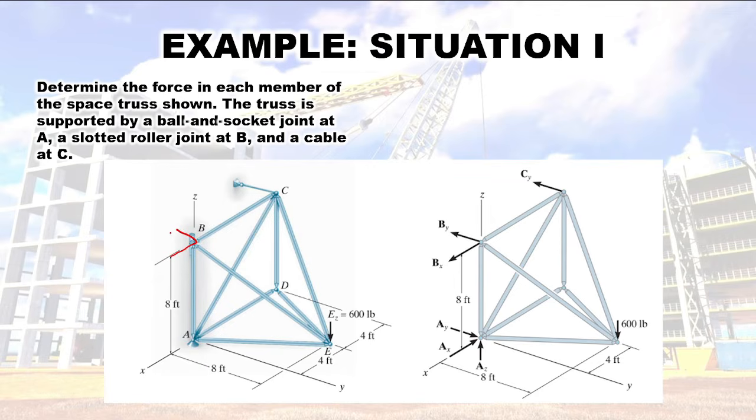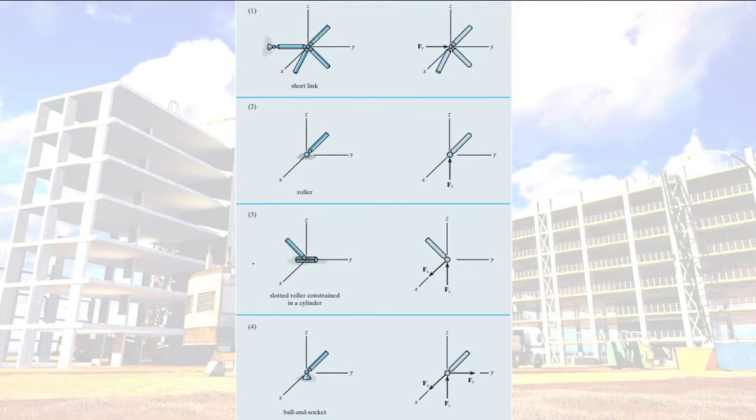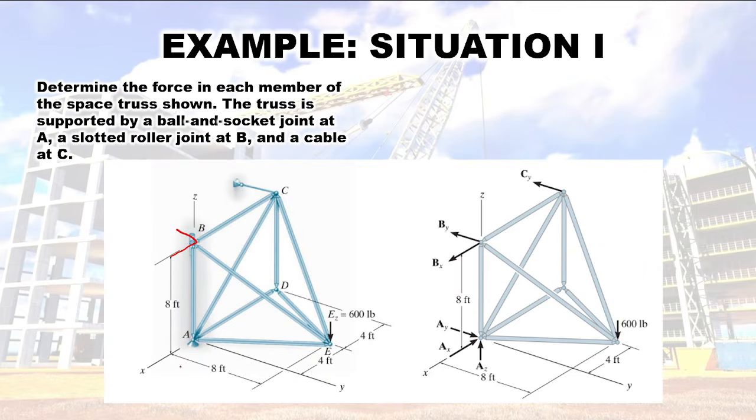So if you are not sure about the reactions, you can always go back to this figure to know where your reactions will be. So our reactions here, as in our plane, are Bx and By.